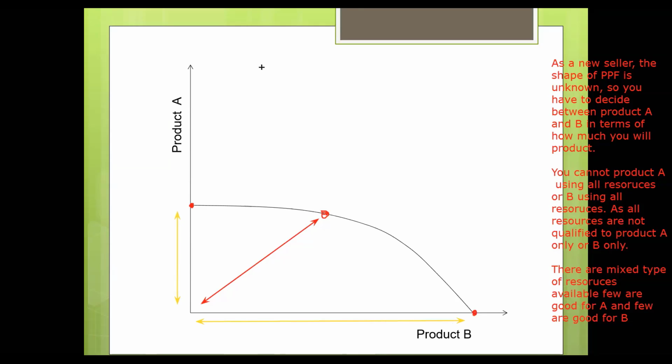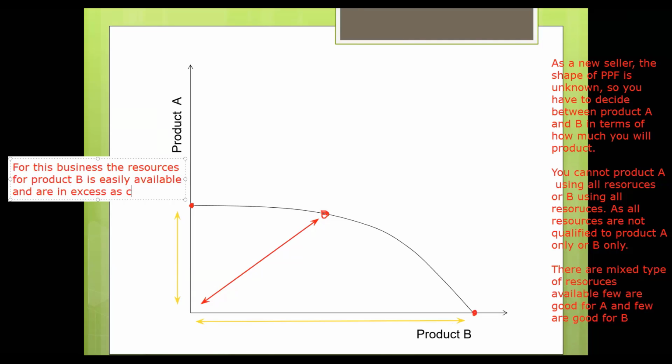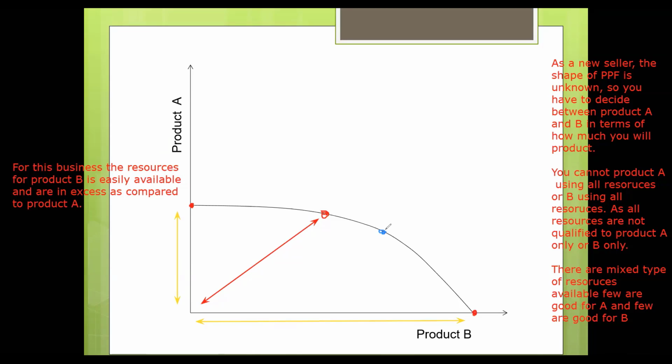It means this is pointing us to one new thing, that for this business, the resources for product B, which is Android applications, are easily available and are in excess as compared to product A. So it means the center point of this product will be more like somewhere nearer to product B. So if I make this, this is the furthest decision. But the problem is that we don't know where this blue dot is.